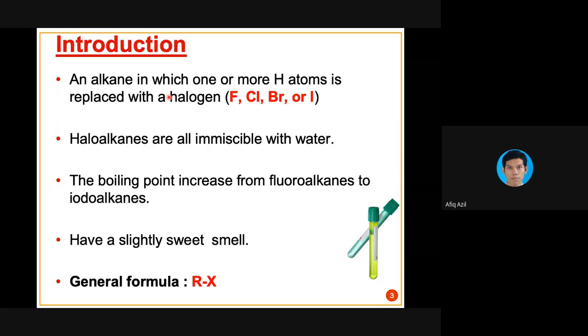So what is an alkyl halide? Basically, an alkyl halide or haloalkane is an alkane in which one or more hydrogen atoms are replaced with a halogen. Imagine the simplest structure, methane. You have C and 4 hydrogens, CH4. When one of those hydrogens is replaced with a halogen, which can be any atom from group 17, but the most common are fluorine, chlorine, bromine, or iodine, then it will be known as a haloalkane.